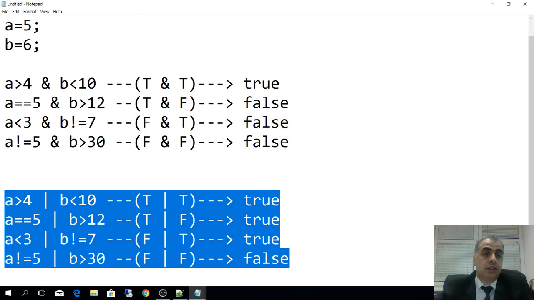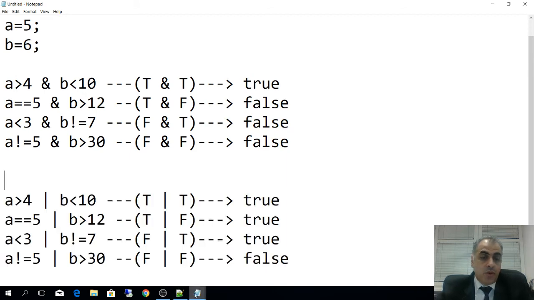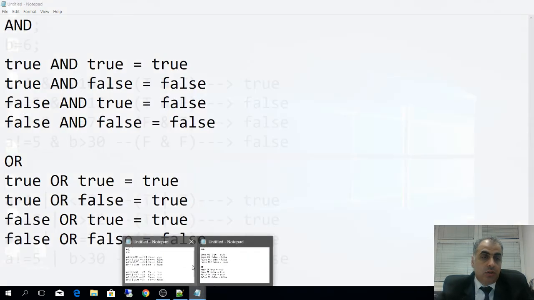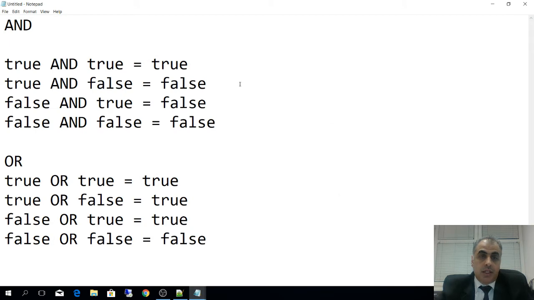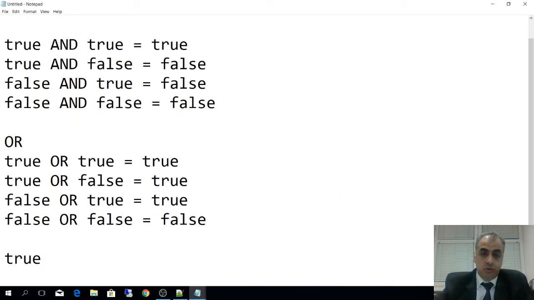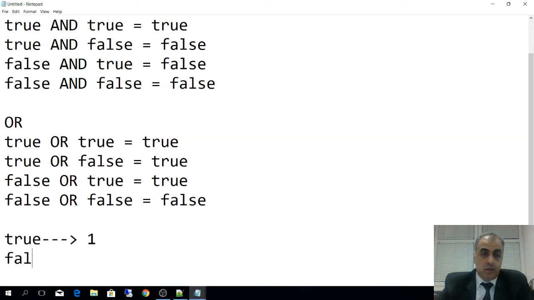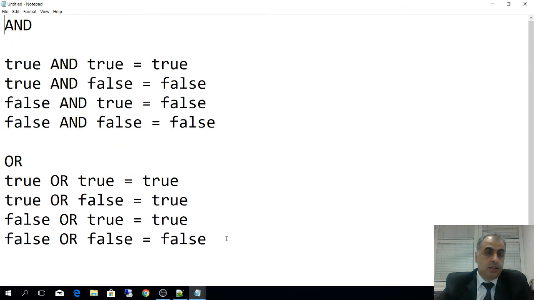This is the result. To memorize it easily, what we can also do here is think about truths. All truths are 1 and all falses are 0. So truths are 1, falses are 0.